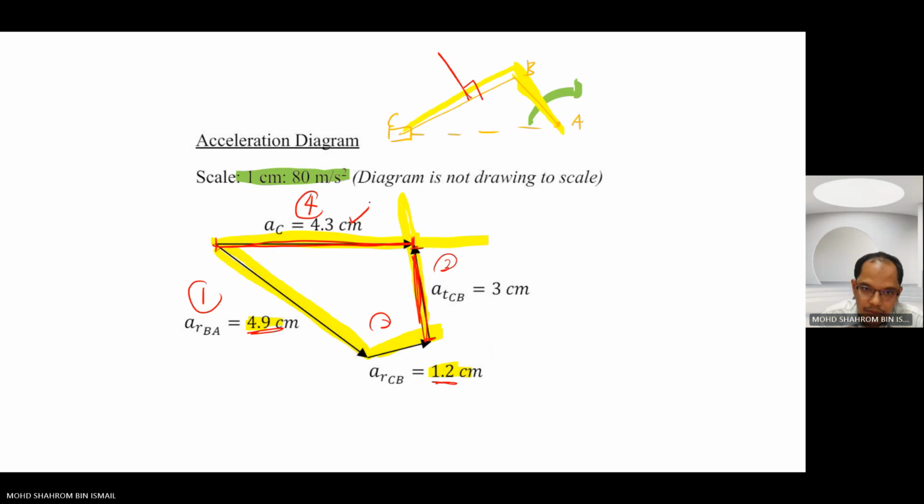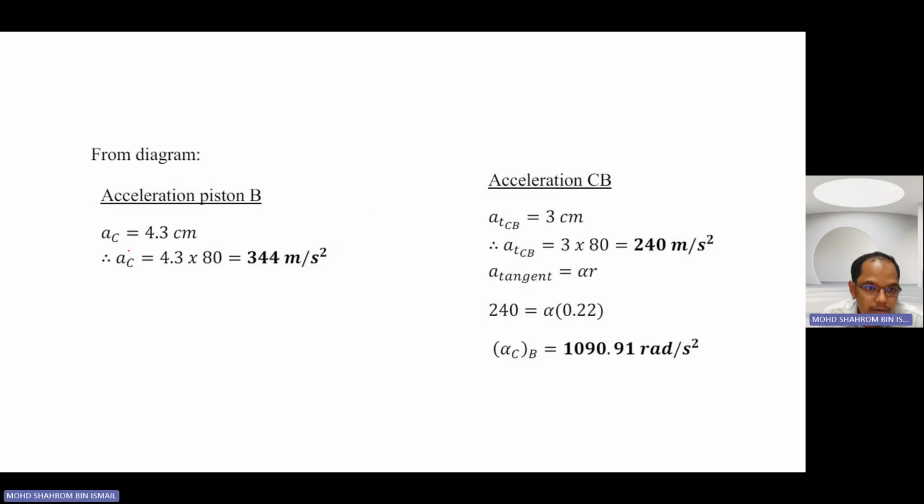Then you multiply by 80, since this is our scale, 1 centimeter equivalent to 80 meter per second squared.